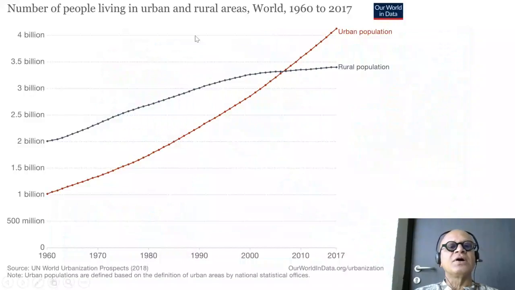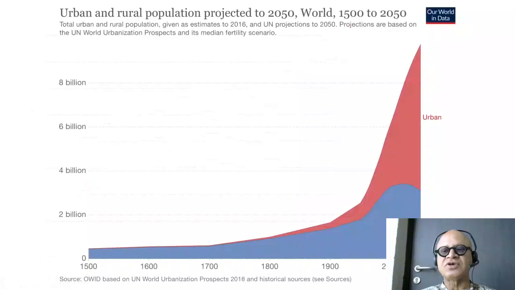Okay. Putting that in the urban-rural context, looking at populations from 1960 to 2017 from Our World in Data, you can see that rural population used to be almost double that of the urban population in 1960, but that has kind of flattened out, and urban population continues to increase now, and the split is now like 45 and 55% for rural and urban, and this is projected to continue, as you can see here.